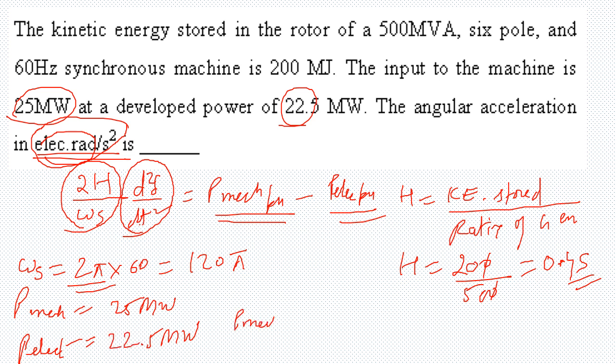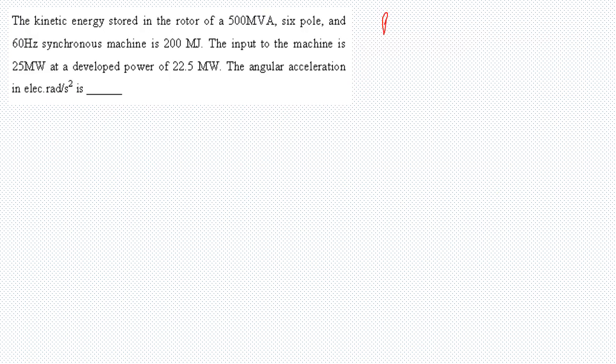P mechanical minus P electrical is 25 minus 22.5, which is going to be 2.5 megawatt.